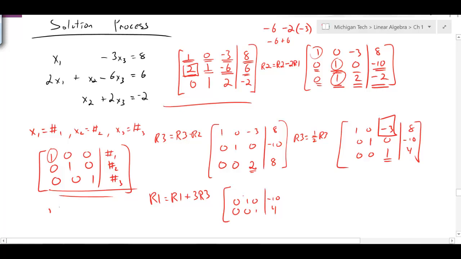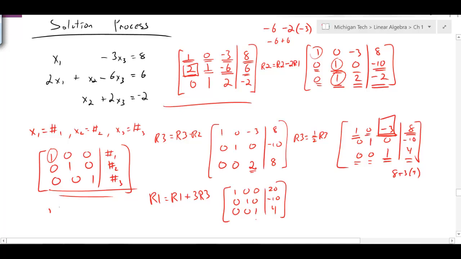I am changing R1. R1 plus 3 times R3. 0 plus 3 times 0. Negative 3 plus 3 times 1 is 0. And 8 plus 3 times 4. That's 8 plus 3 times 4. 8 plus 12 is 20.